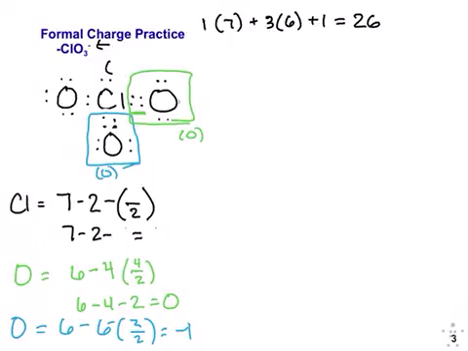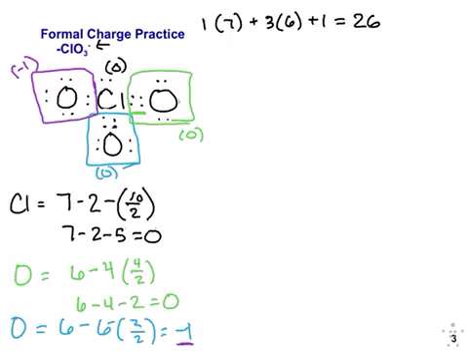Is that correct? Yes. 10 divided by 2 is 5. So now our formal charge on chlorine is 0. This is sounding good. What is our formal charge, though, on this oxygen? We haven't changed anything. So if we haven't changed anything, what's our formal charge on oxygen? Negative 1.